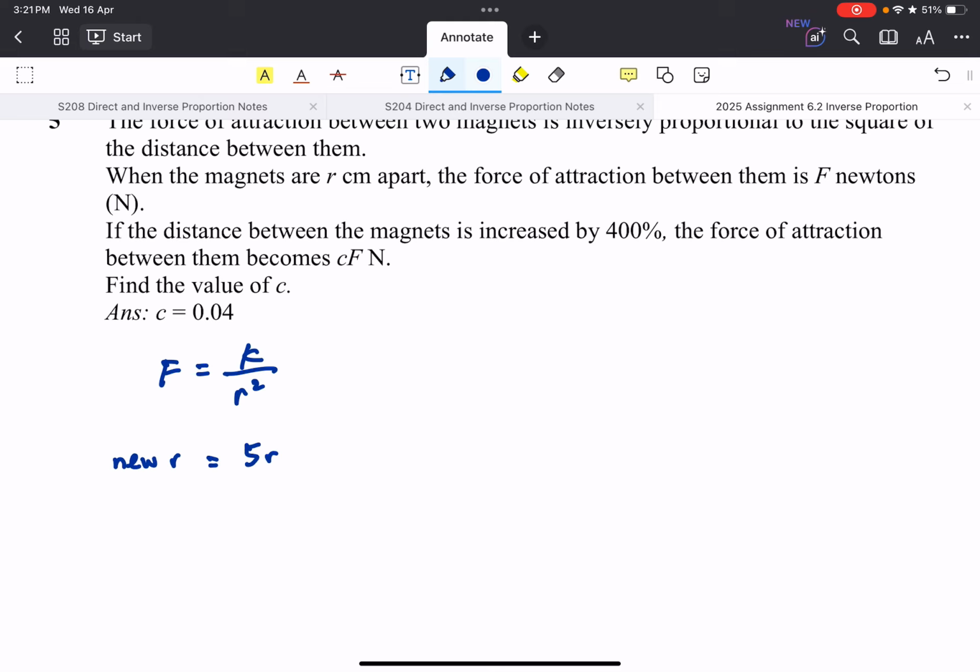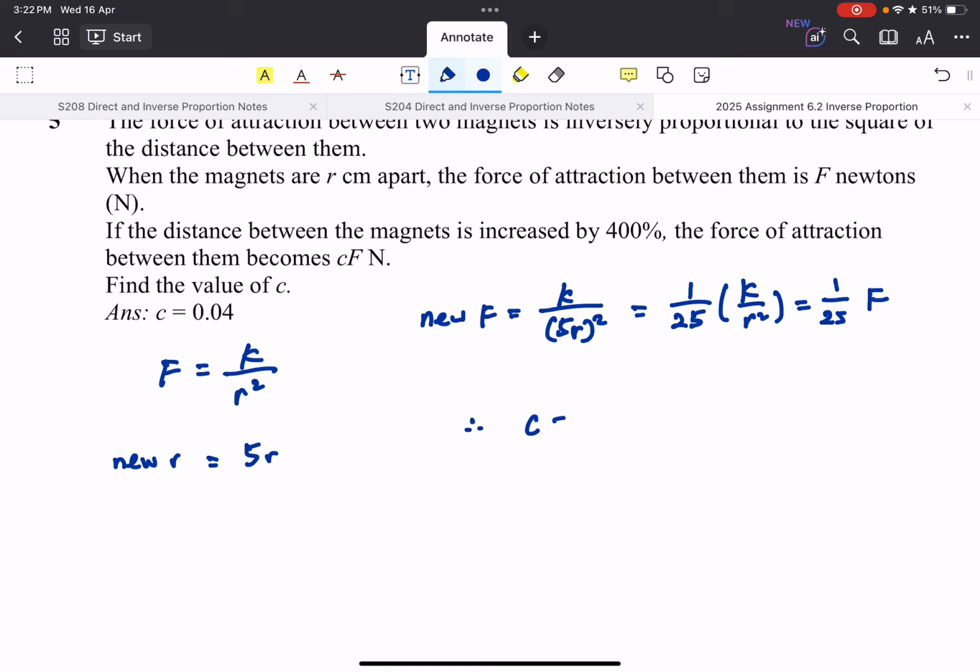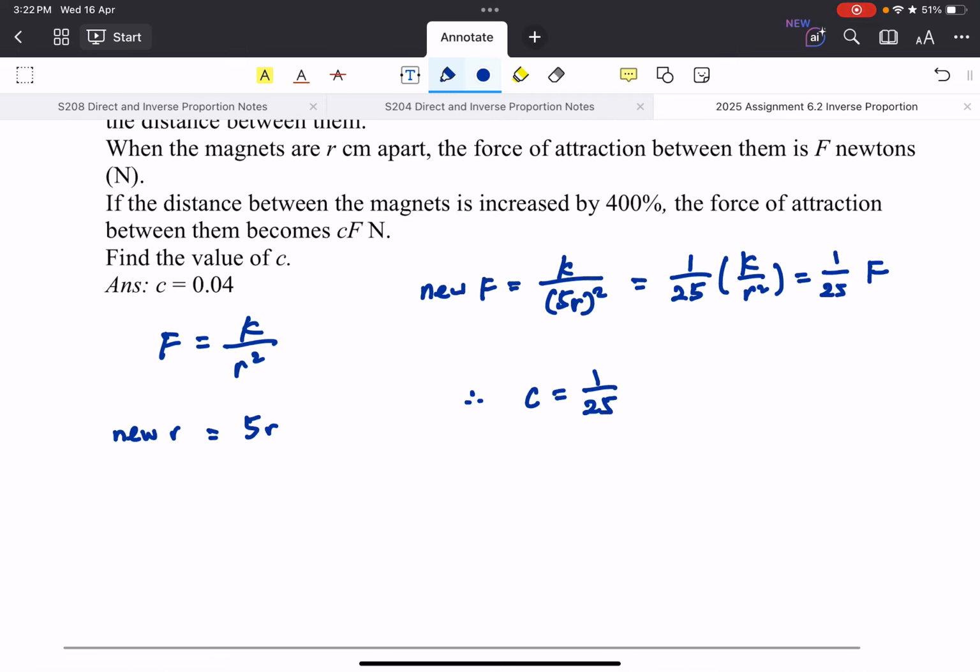The force of attraction between them becomes cF. So let's find the new F. The new F is equal to k over (5R) squared, which gives us 1 over 25 times k over R squared, which gives us 1 over 25 F. Therefore, c equals 1 over 25, which is the same as 0.04.